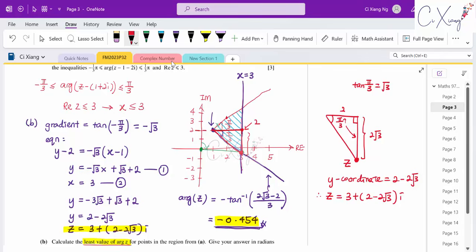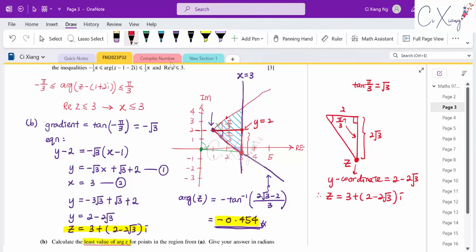Alright, so I'm using the ratio of the triangle here. I take the original y coordinate at this point, y equals 2, then I minus 2 square root 3 units, and I get the y coordinate for z. So this is the y coordinate for z. Then my z is the complex number 3 plus bracket 2 minus 2 square root 3 i.